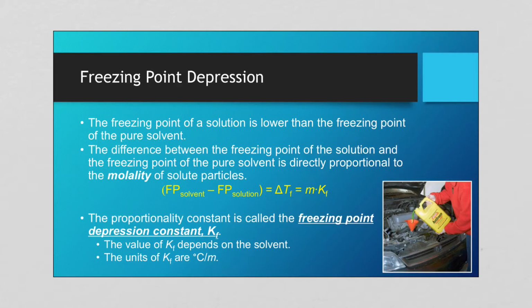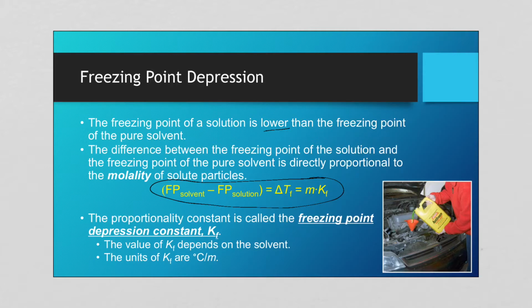Now, freezing point depression, notice the equation is identical. The big difference here is to calculate the delta T_F, or the change in freezing point, since the freezing point of the solution is always going to be lower than the freezing point of the solvent, we do the solvent minus the solution.